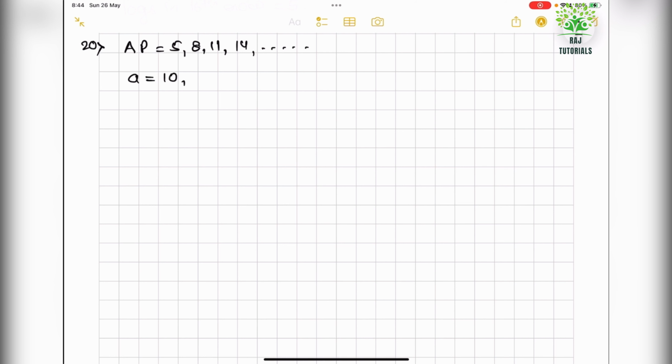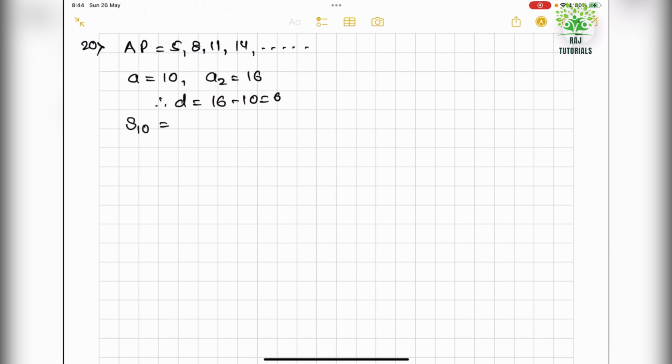Then second, she goes 8 meters and comes back 8, so a2 will be 16 because 2 times she runs 8 meters. Therefore d will be 16 minus 10, that is 6. And totally she has taken 10 potatoes, so I have to find S10.